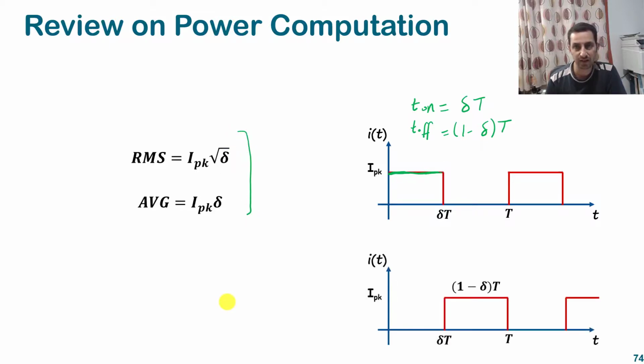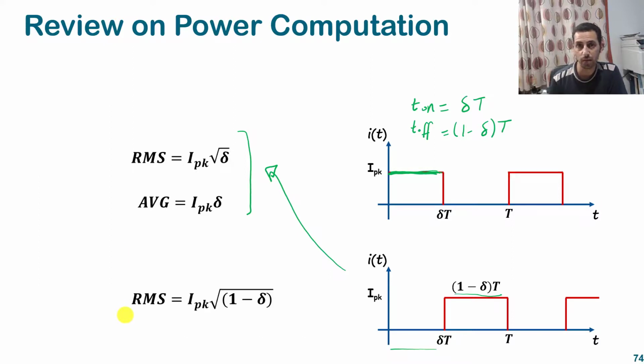But if I have a signal like this, where the waveform has a value during the 1 minus delta T, not during the delta T itself, what are the changes to be considered for these RMS and average values? The change is just to replace every delta with 1 minus delta. So that delta and that delta, which represent where the value of the waveform is, will be replaced by 1 minus delta here and 1 minus delta there.